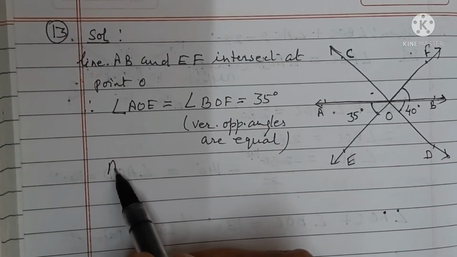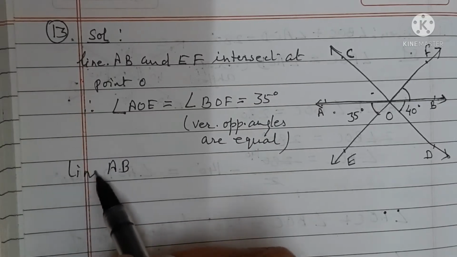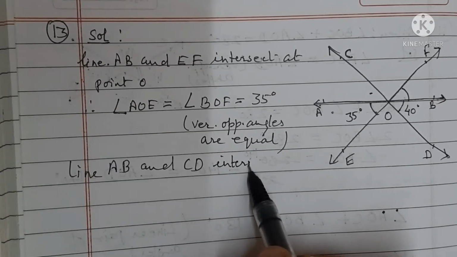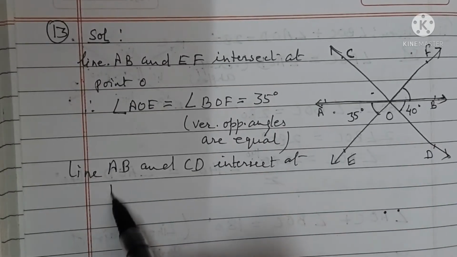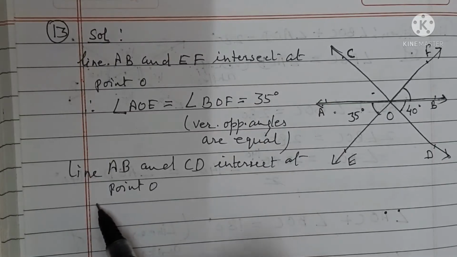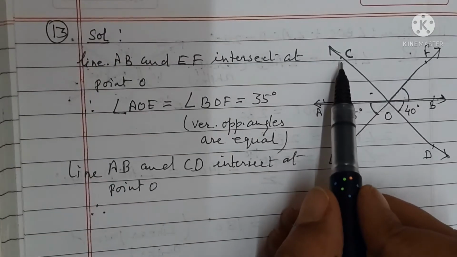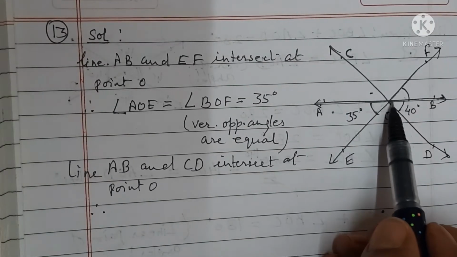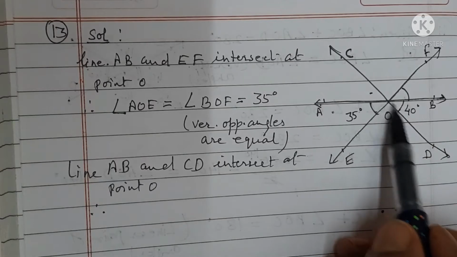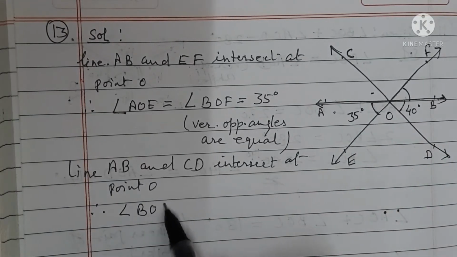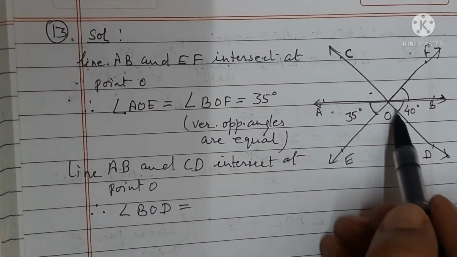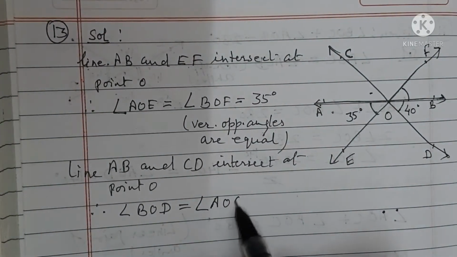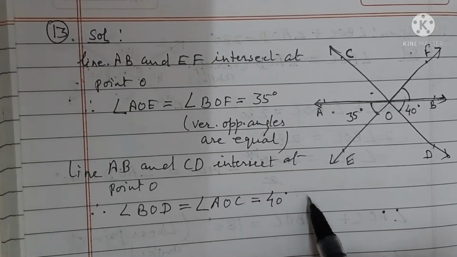So right here line AB and CD intersect at point O. Therefore, see the line, this is CD, this is AB, and angle BOD is equal to angle AOC is equal to 40 degree.